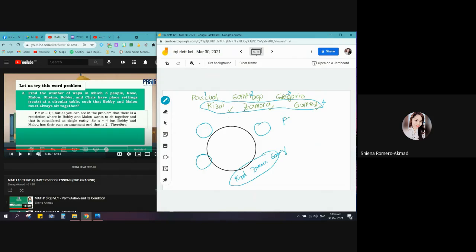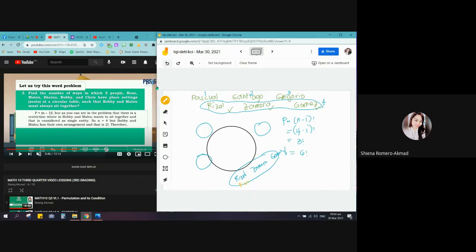So that's the permutation, that's n minus 1 factorial. That's 4 minus 1 factorial. And it will give us 3 factorial. And 3 factorial is 6. Now, if you look at them, there are three of them. They can swap positions. Rizal can be here, Gomez here, Zamora here, depending on what they want.